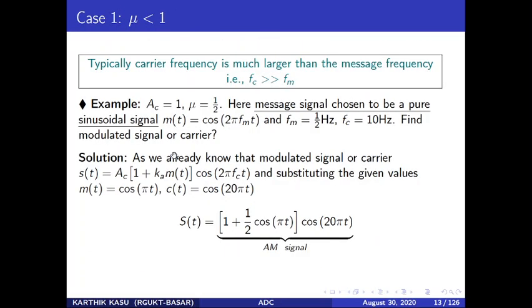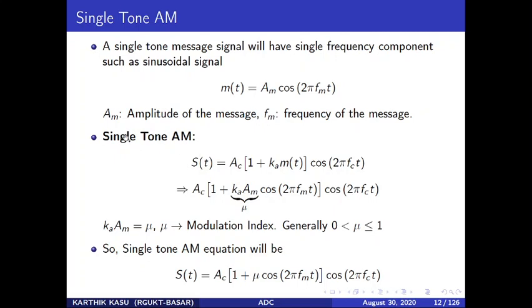Now let us study this single tone AM. So what is happening here? This is the generalized s of t, that is Ac into 1 plus Ka m of t, cos 2 pi fc t. We have seen this just before this slide. Now here, this is single tone AM, which means in single tone AM our message is a cos waveform.